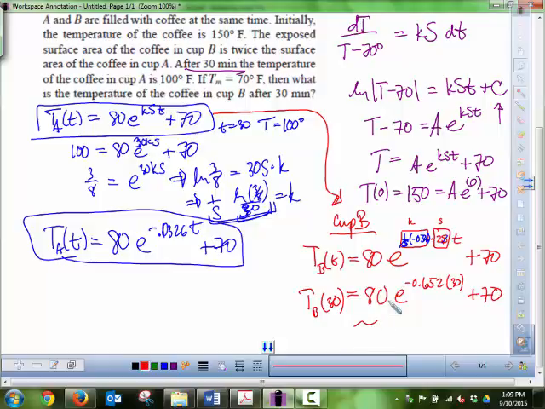What do we get? 81.2 degrees. Okay, so that looks good. It's kind of like what we anticipated. It's a little cooler.